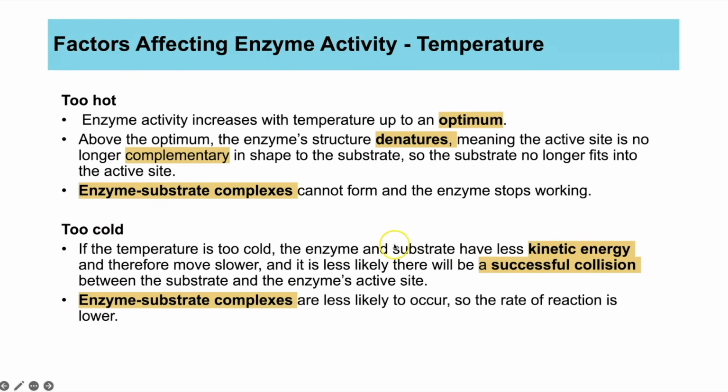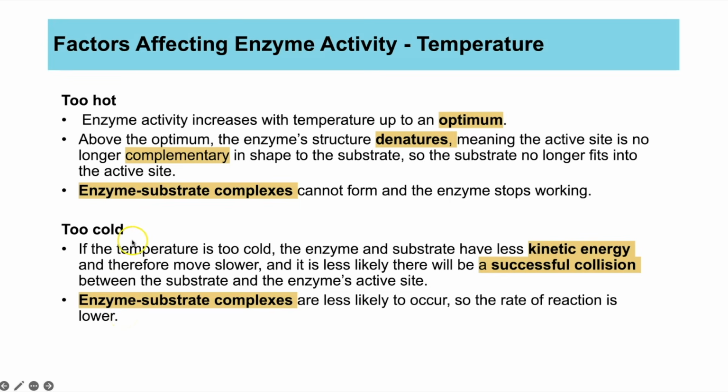And if your enzyme and substrate are moving around slowly inside of your body or inside of your cells, then they're less likely to come into contact with each other and collide so that the substrate can collide into the complementary shaped active site. So that means we get fewer enzyme substrate complexes, and again, the rate of reaction will therefore be lower.